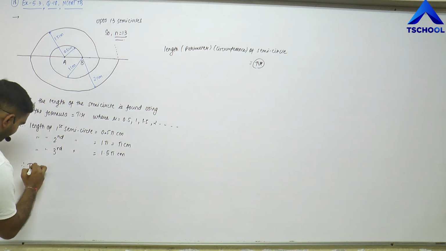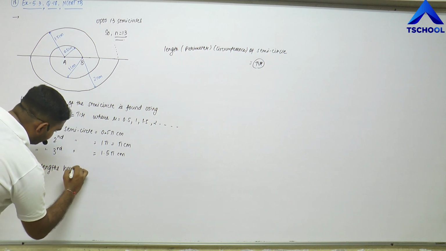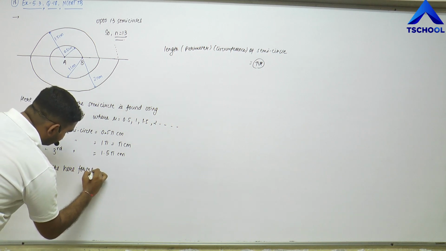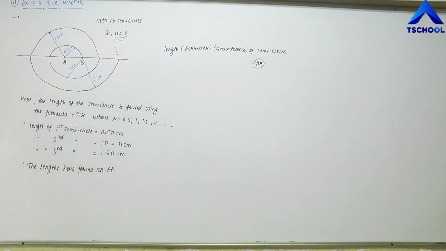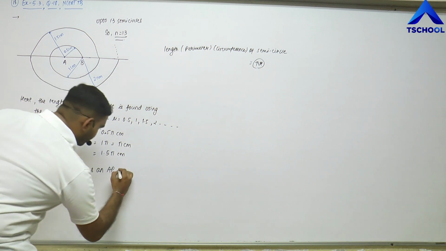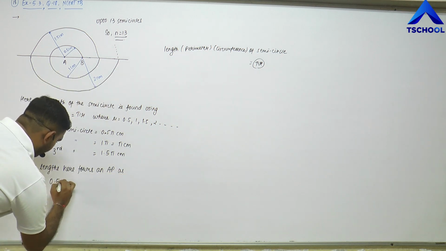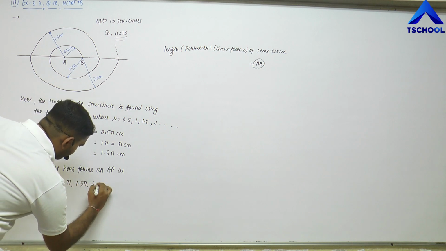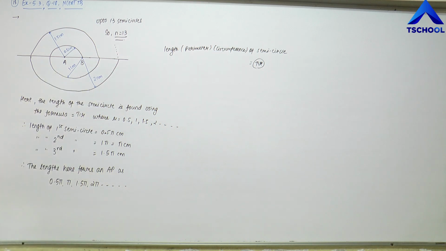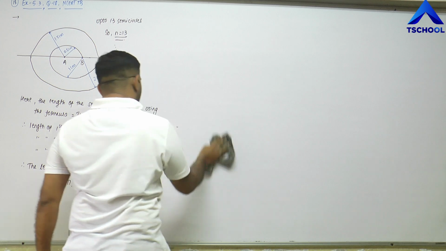Therefore the lengths here form an AP. What is the AP form? That is 0.5 pi, pi, 1.5 pi, 2 pi and so on. Rather than finding out the last term, we shall keep it as it is.